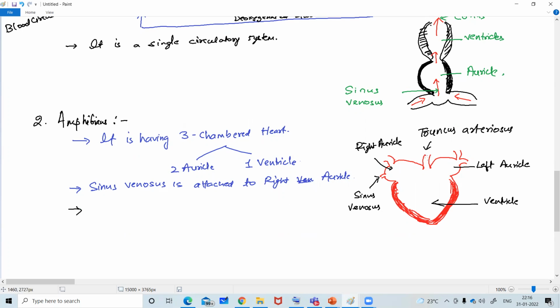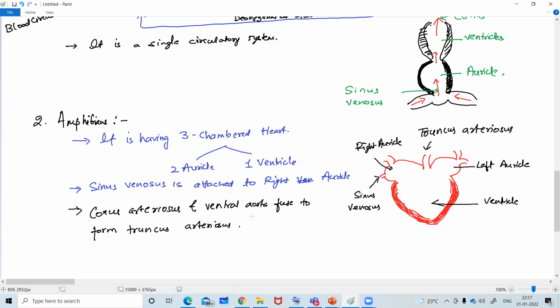See this one, this is the main channel through which the blood will come out. You can see here that conus arteriosus and ventral aorta fuse to form truncus arteriosus.